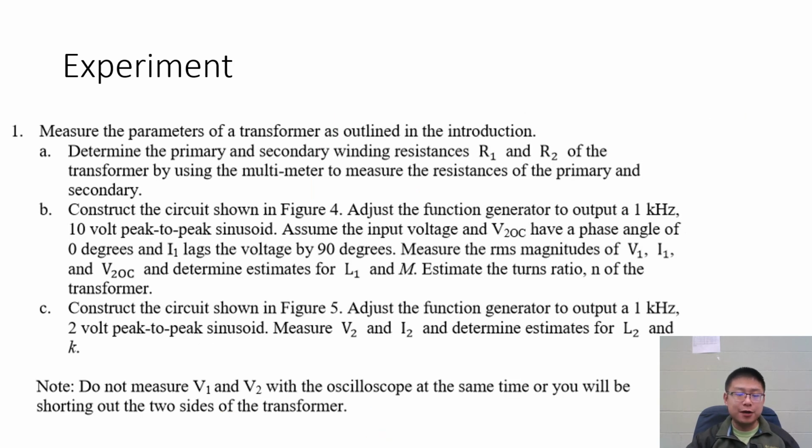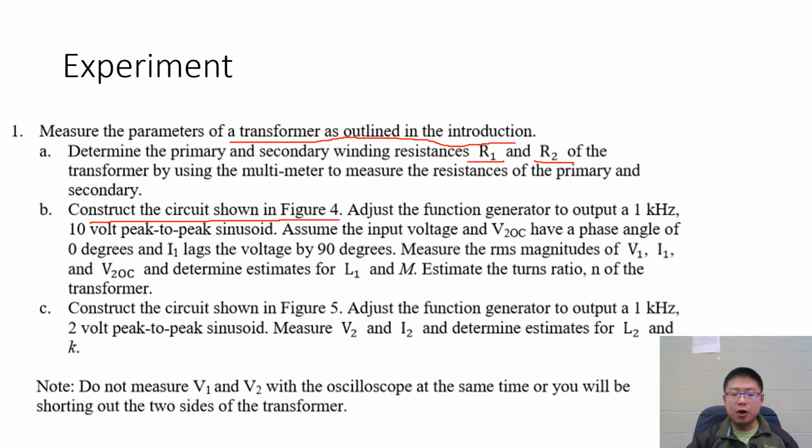Now let's take a look at what we need to do in this lab. The first, we need to measure the parameters of the transformer as outlined in the introduction. Step A, we need to measure R1 and R2. Use the ohm meter directly. Second, we need to construct the circuit as shown in figure 4.